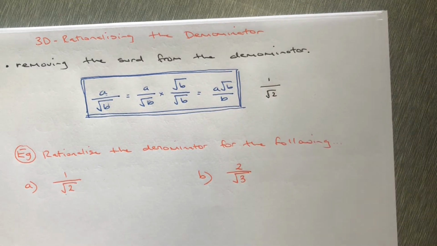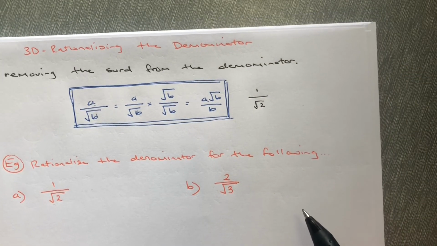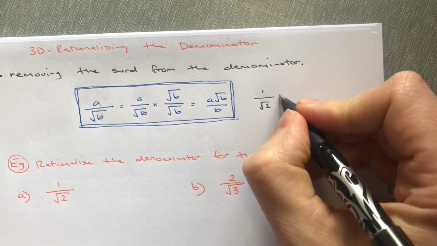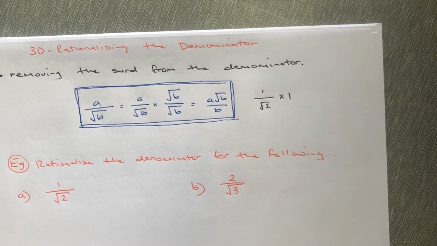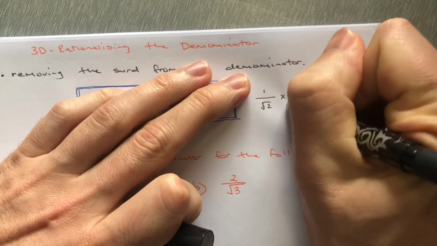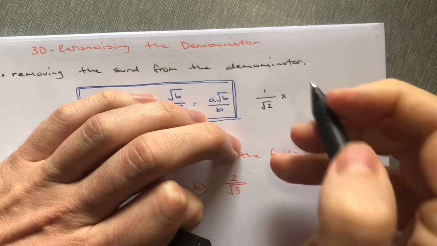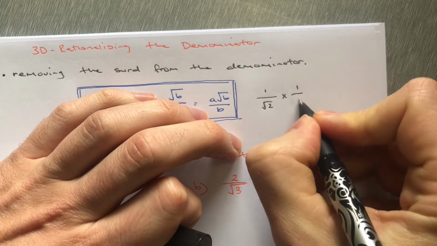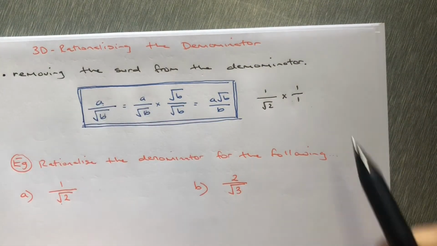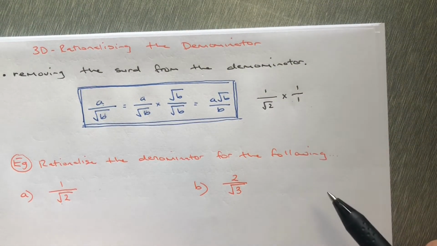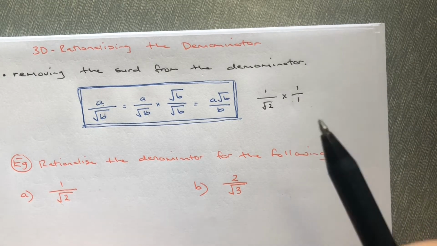Now we've got 1 on root 2. If I times that by 1, it doesn't really do anything, does it? It just stays exactly the same. What about if I times it by 1 on 1? Now 1 on 1 is just 1, isn't it? So again, it's still just going to stay the same.